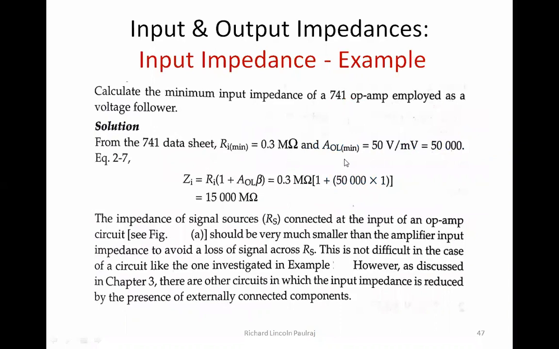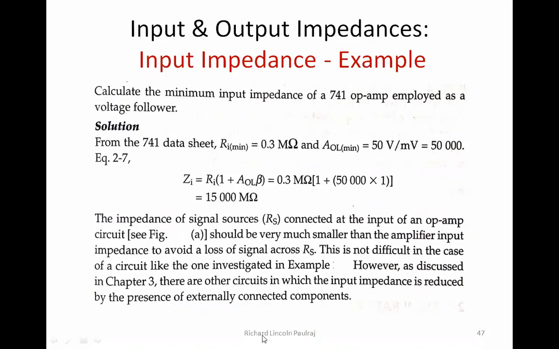Then the gain AOL is 50 volts divided by 1 millivolt, which means 10 raised to minus 3 goes on top and becomes 10 cube, so this becomes 50,000.